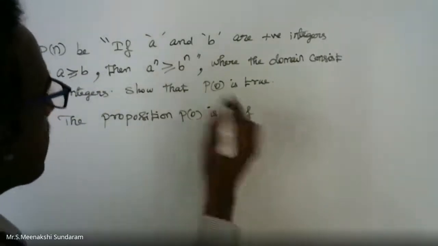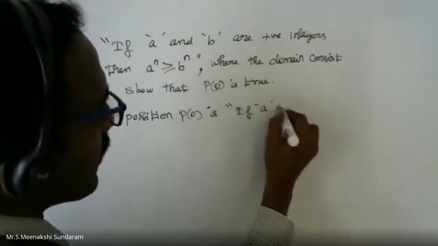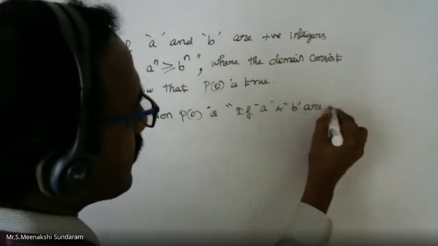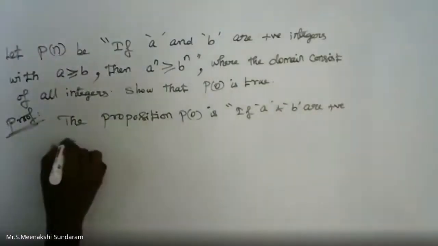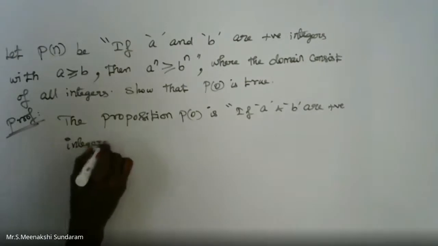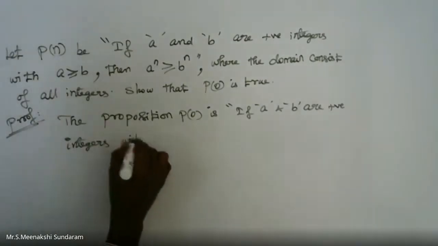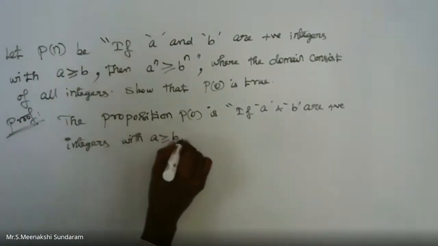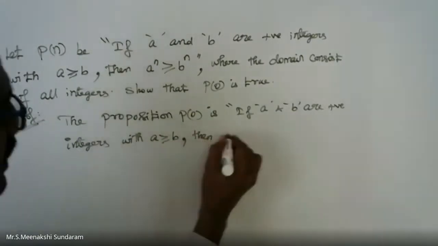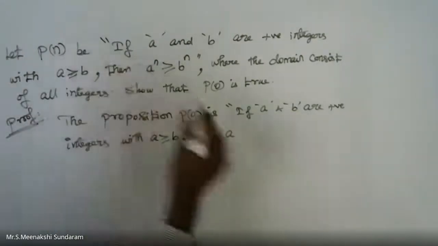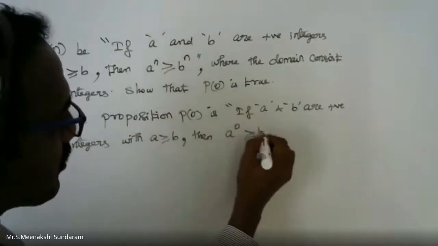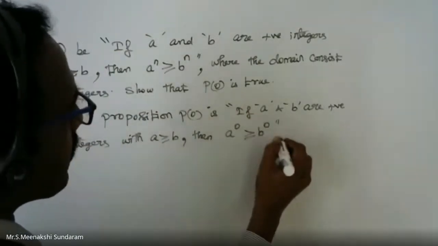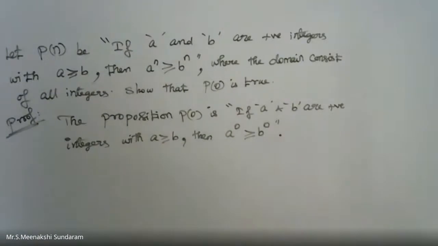If A and B are positive integers with A greater than or equal to B, then with n the value 0, A power 0 is greater than or equal to B power 0. That's all.